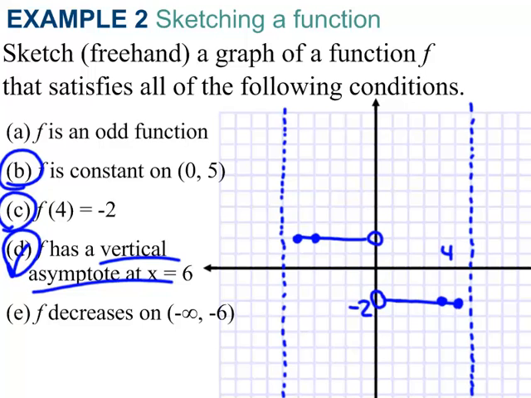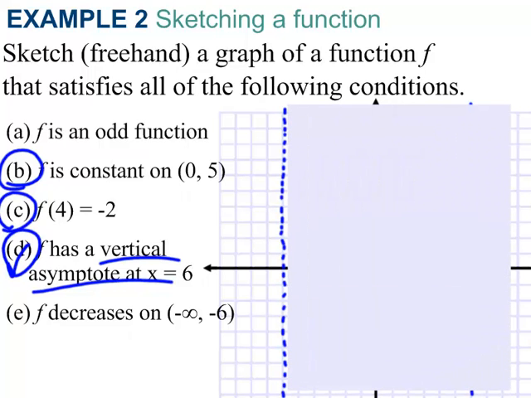And the last clue I really need to focus on is that f is decreasing from negative infinity to negative 6. I really focus on that part of the graph. And if it's decreasing, I really don't have any other clues that are going to dictate what goes on in this region. So I could have the graph do something like this. It could be way up here, could be way down here.